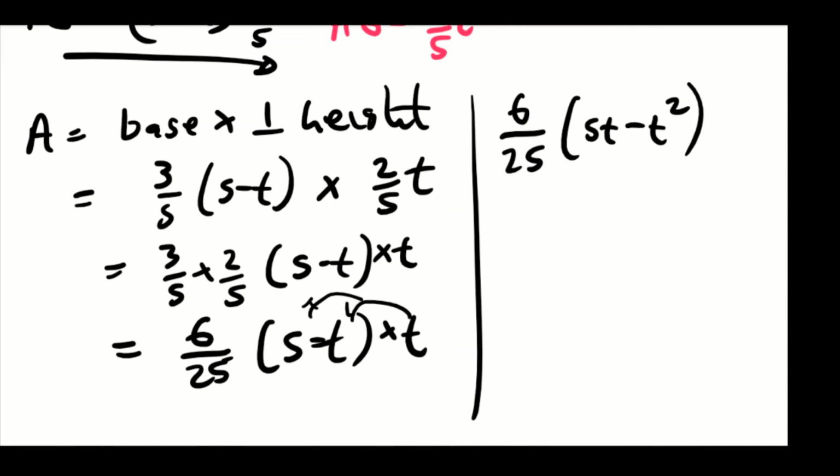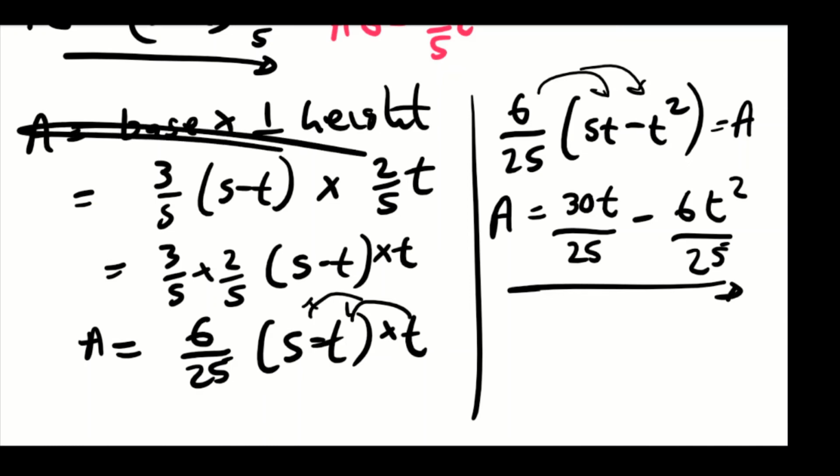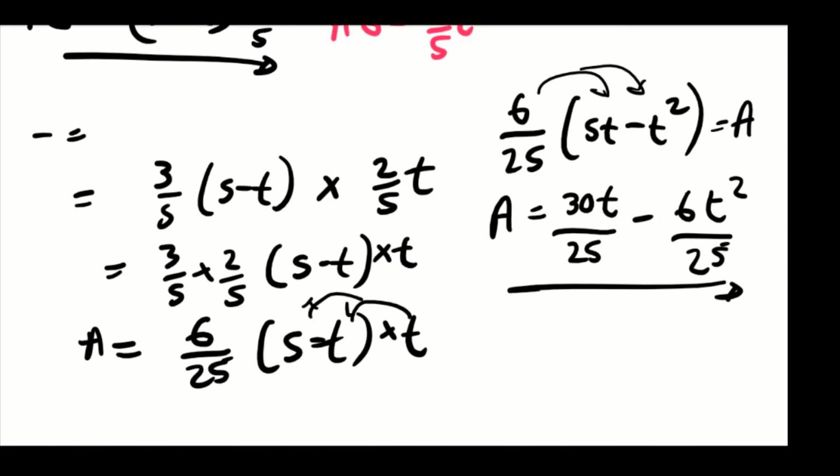So this is still the area, right? So the area is equal to, I'm going to multiply this inside. I will have 30t over 25 minus 6t squared over 25, right? So that is the area of this parallelogram.